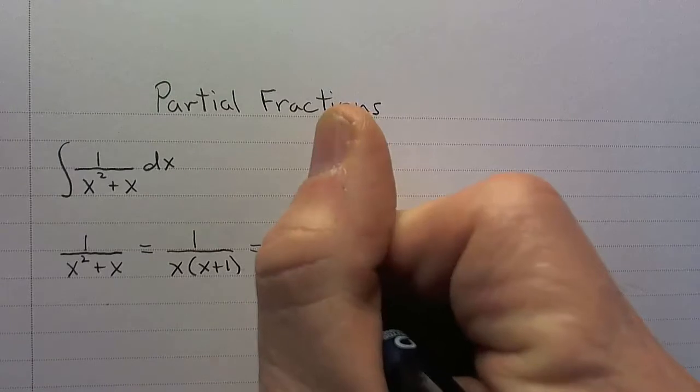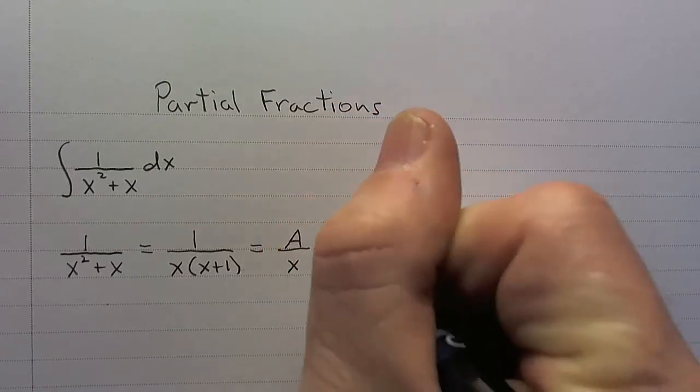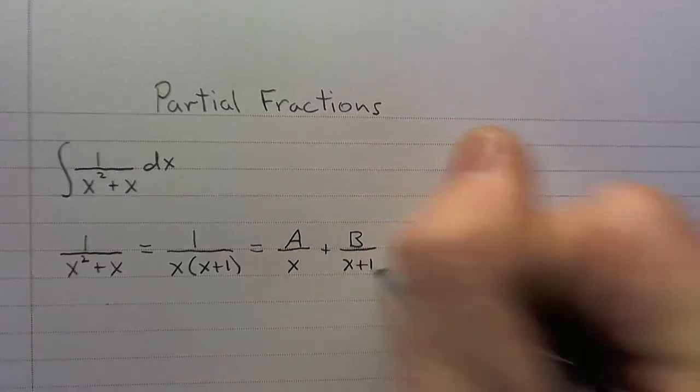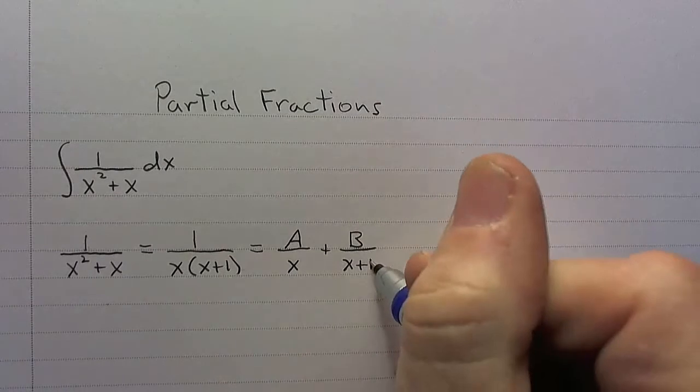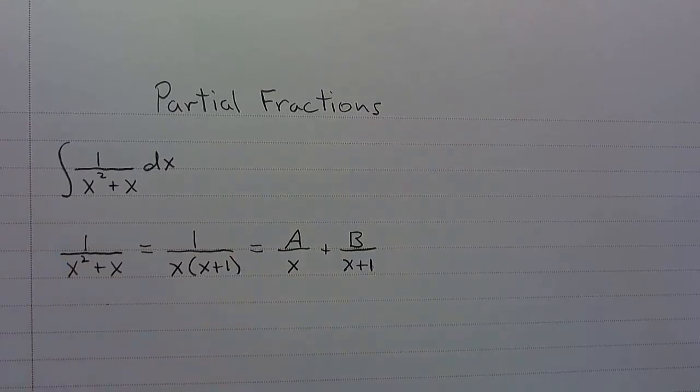In other words, we think of it this way. We added something over x plus something over x plus 1, and when we added those together, we came up with 1 over x times x plus 1.